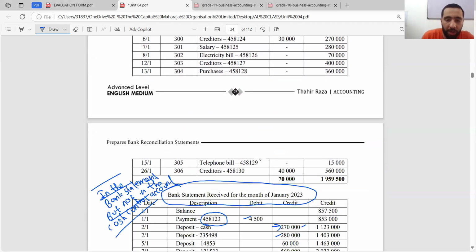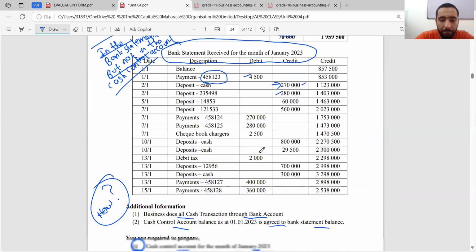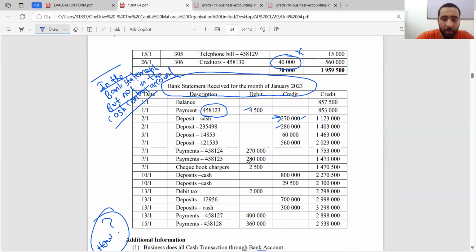Yes, this 40,000, can you find it anywhere? You're not looking at this, you're only looking at, first of all, this. So checkbook charges 2,500 is not there, and debit tax 2,000 is also not there, right?